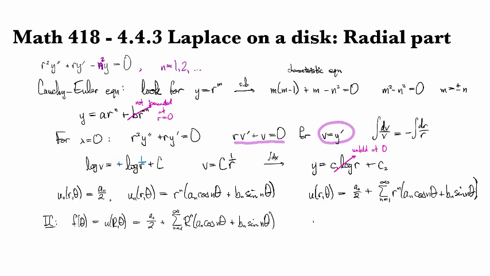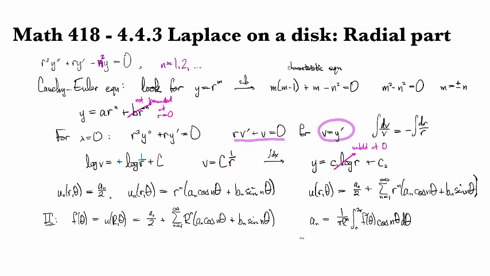And so from that we can see that the corresponding coefficients for this expansion are going to be 1 over pi r to the n times the integral from 0 to 2 pi of our initial condition f times cosine n theta d theta. And for the sine coefficients, those are pretty much identical.